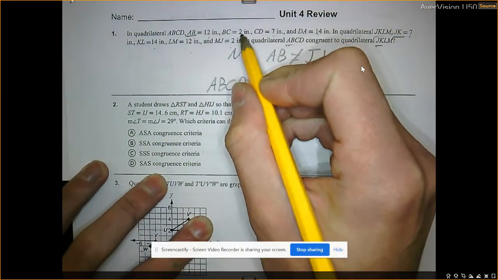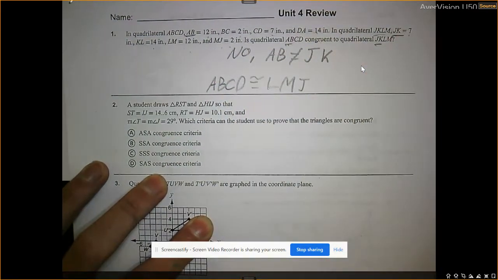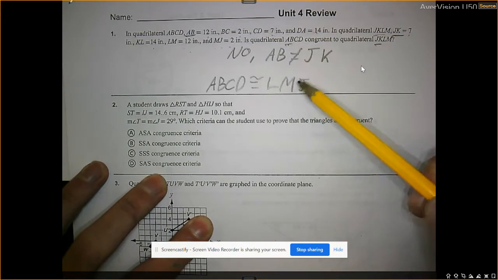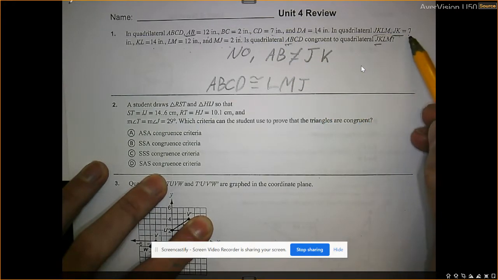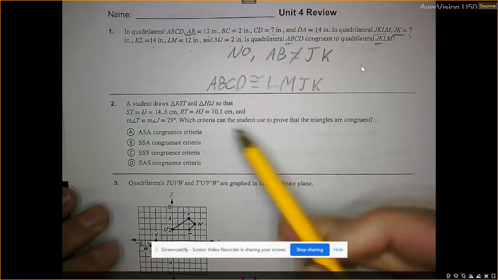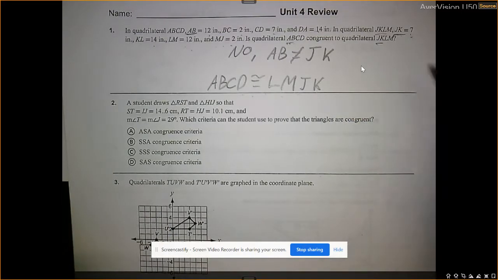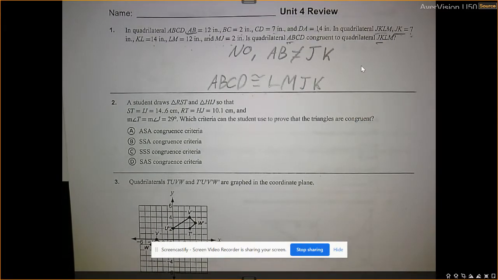And then BC is 2, so I have to go to MJ. Do you see what I'm saying here? And then CD is 7, so I go to where we have 7, and that is JK. So now I have a congruent statement: ABCD is congruent to LMJK, but it is not congruent to quadrilateral JKLM. Okay, hopefully that made sense.